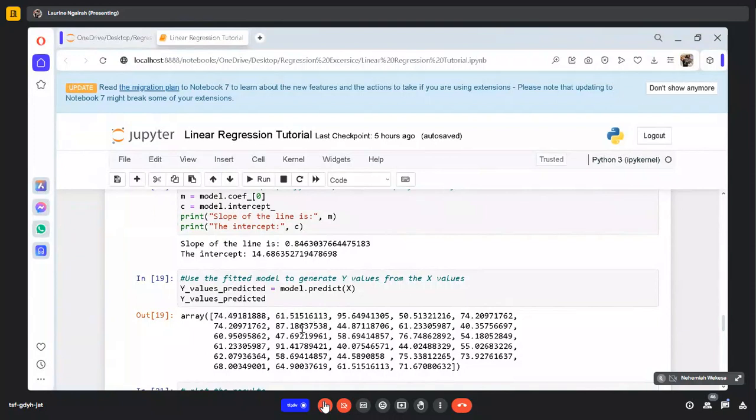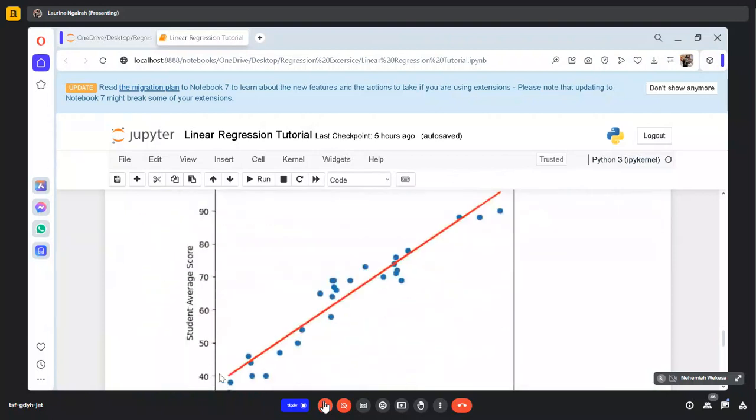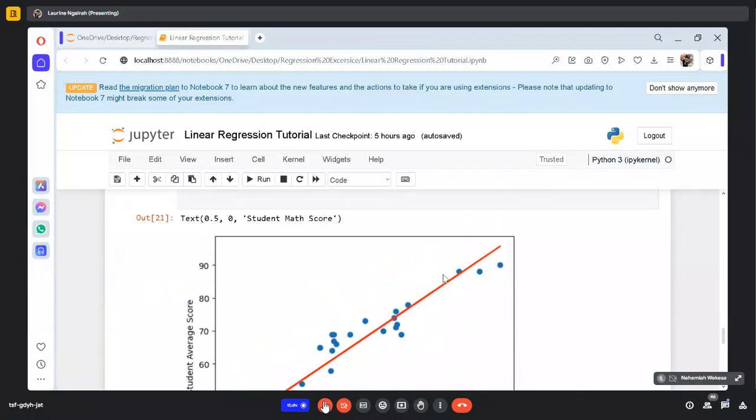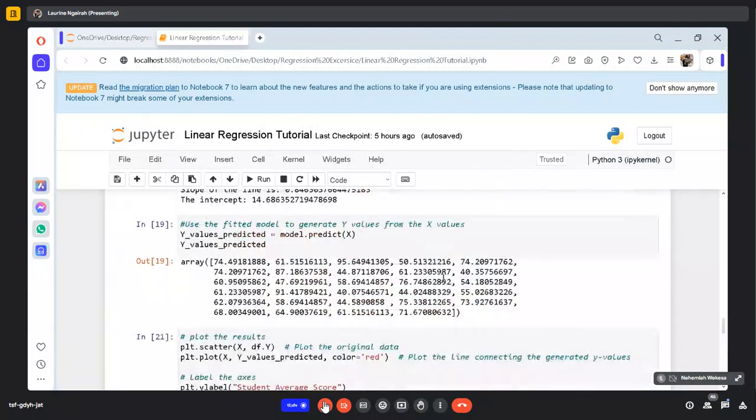But since we have Python, I believe that the equation y equals mx plus c is happening here, so that we can get these values, and these values are the ones that we are using to plot this line.